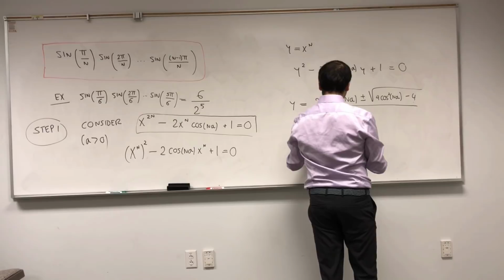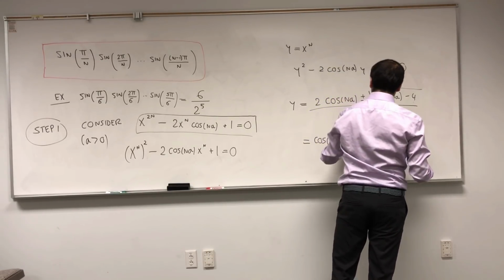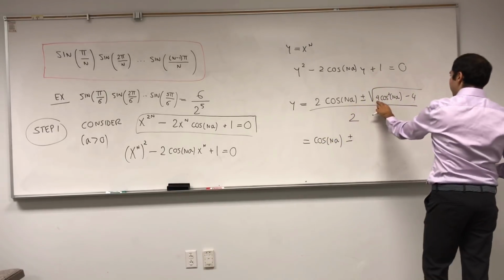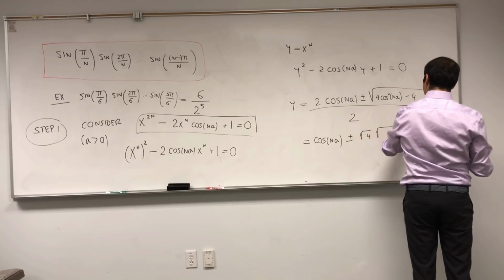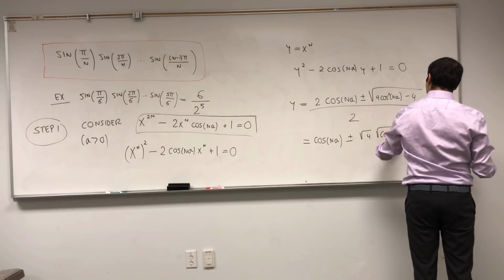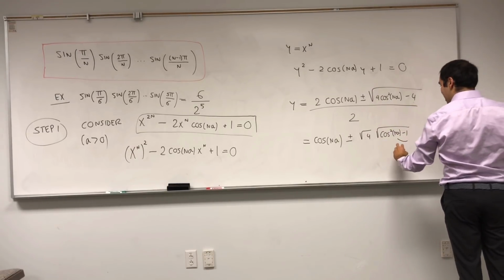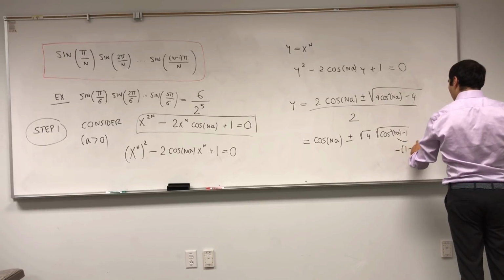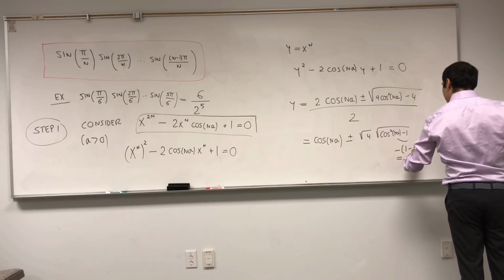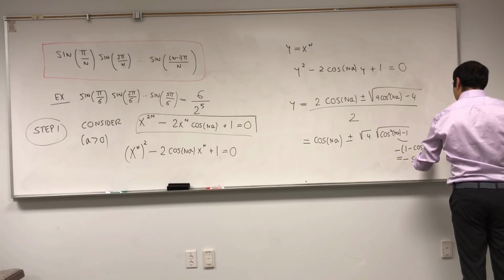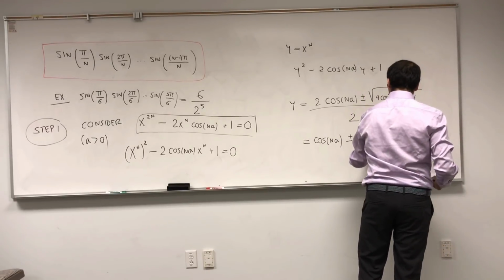And then you're left with cosine of na plus or minus, the 4 here comes out, so we have the square root of 4 times cosine squared na minus 1, but cosine squared na minus 1 is minus sine squared na. And again, this is also still over 2.